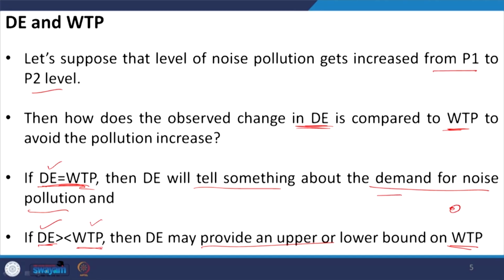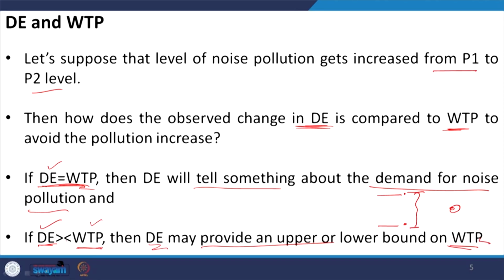We are talking about, given the change in the environmental qualities, the willingness to pay ranging from this to this, because the scenario would be different, right. So, here we just want to make the theoretical point that if defensive expenditure is greater than willingness to pay, then obviously it will be providing an upper bound for the willingness to pay.